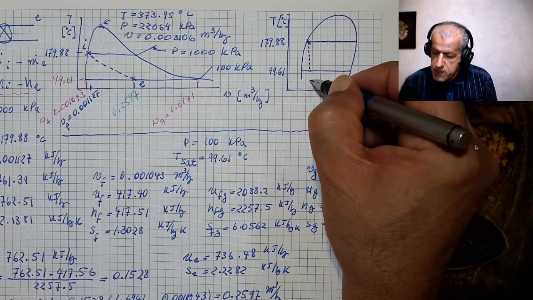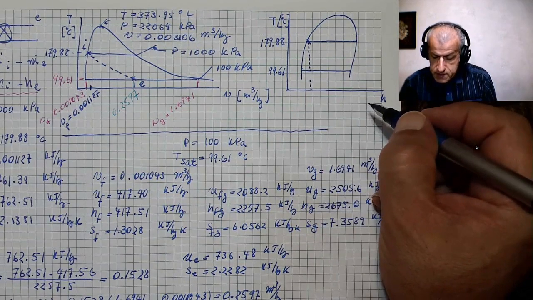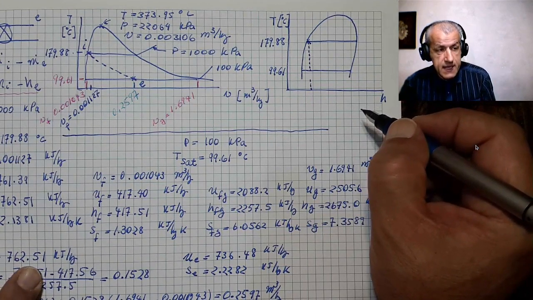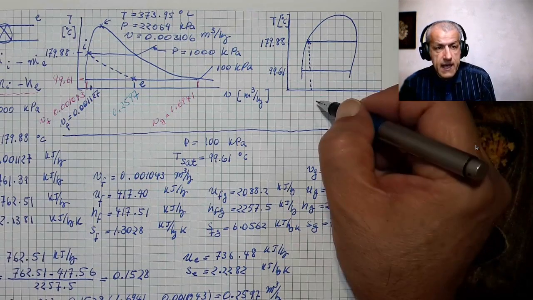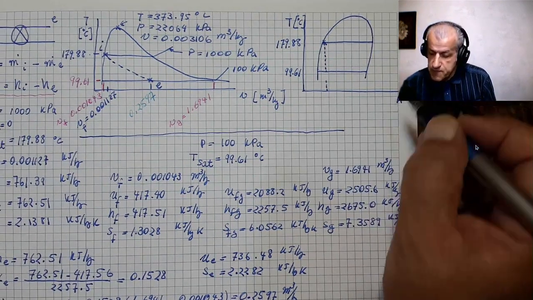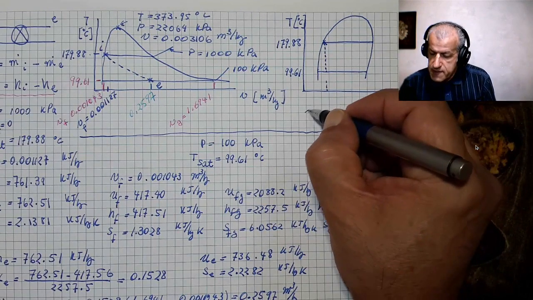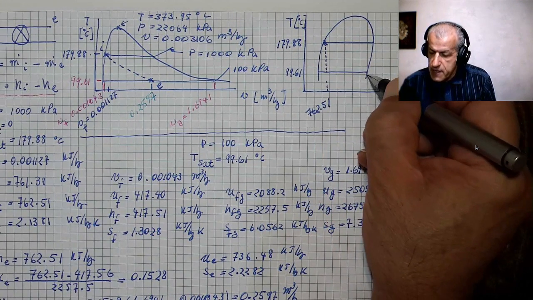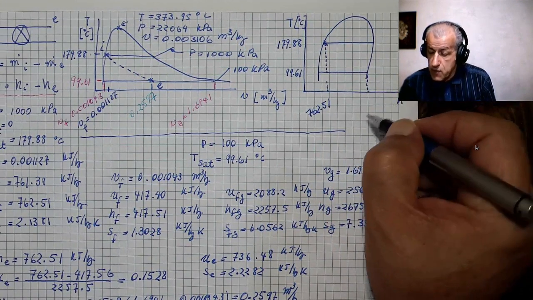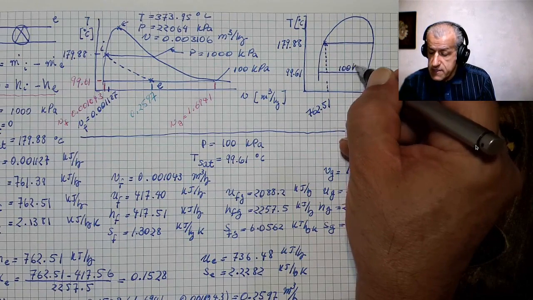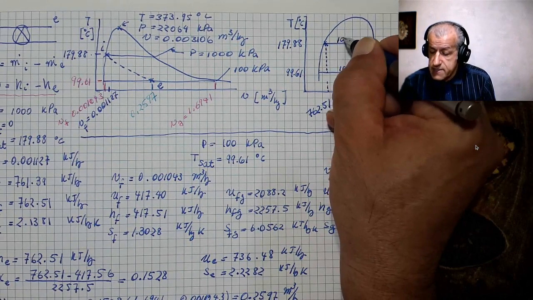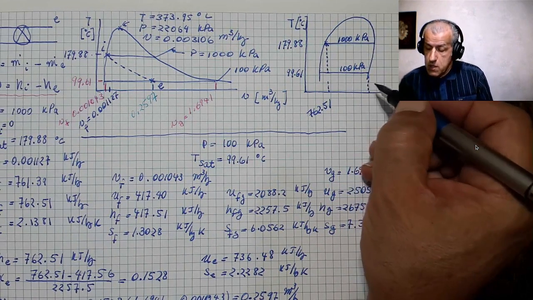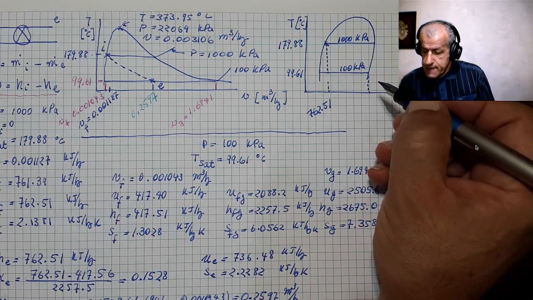So the enthalpy is the same for both exit and inlet conditions, and its value would be 762.51, and that compares with this value for 100 kilopascals. See, this is 100 kilopascal, this is 1000 kilopascal. These are the two lines.